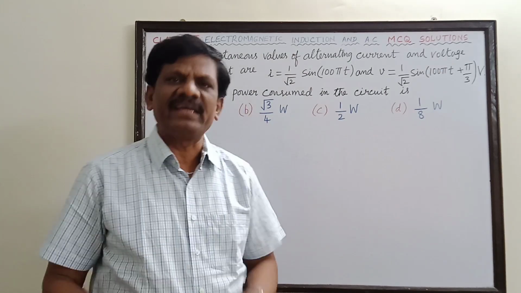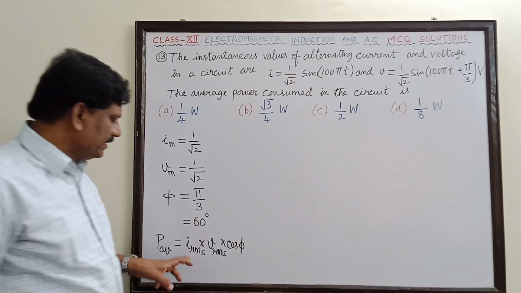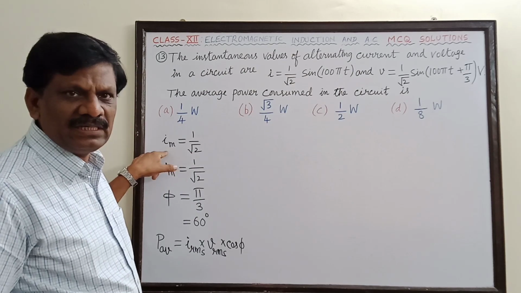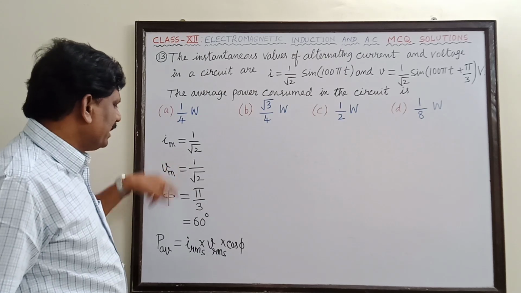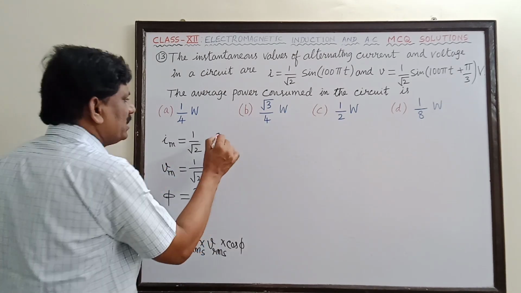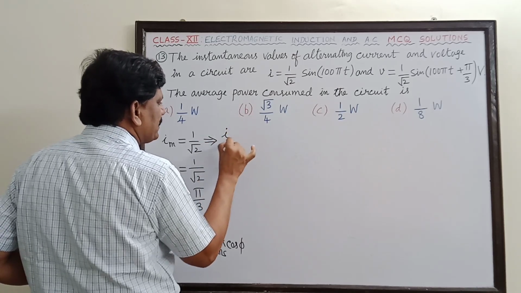Cos phi is the power factor, and phi is the phase difference between the current and the voltage. So this is the average power. Now V maximum is given, from that we can find V RMS. Like that, from I maximum, I can determine I RMS.